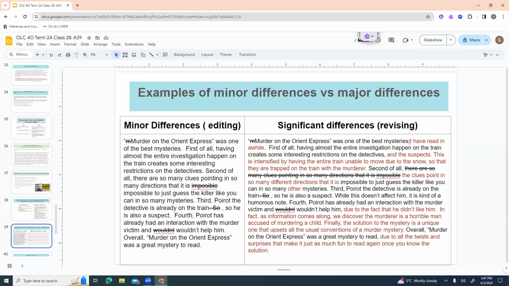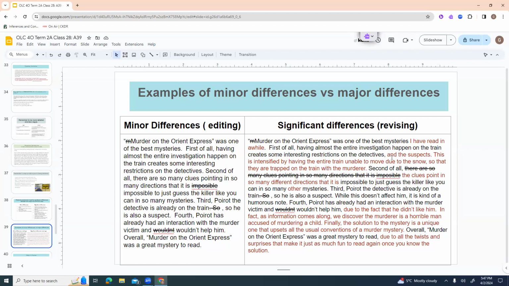First of all, having almost the entire investigation happen on the train creates some interesting restrictions on the detectives and the suspects. This is intensified by having the entire train unable to move due to the snow, so they are trapped on the train with the murderer. Second of all, the clues point in so many different directions that it's impossible to just guess the killer like you can in so many other mysteries.